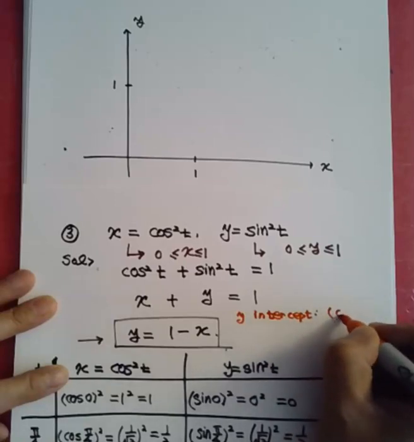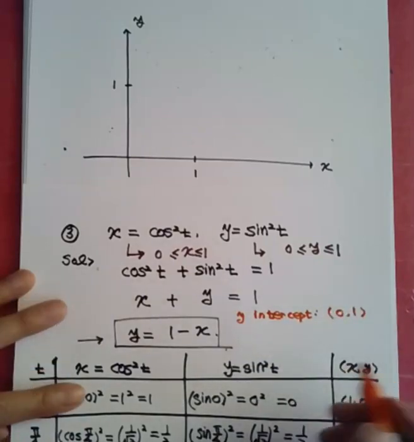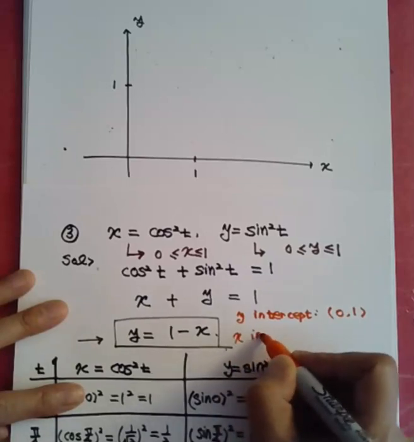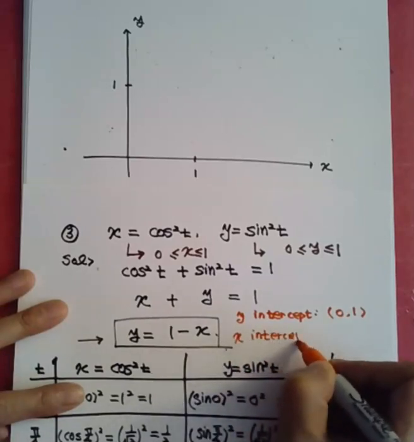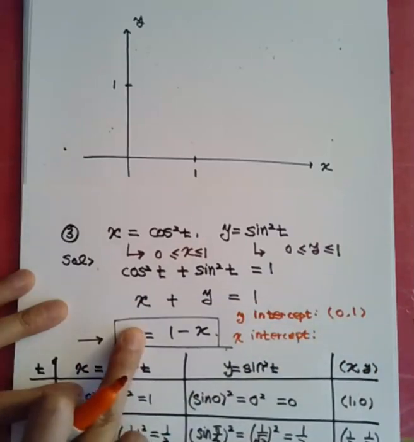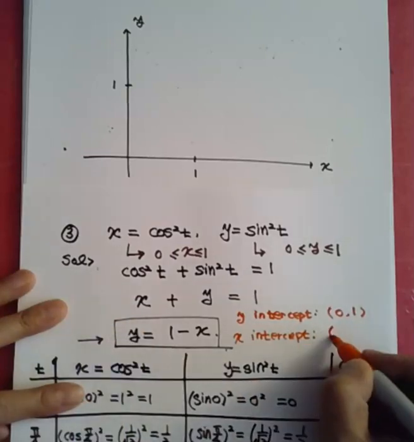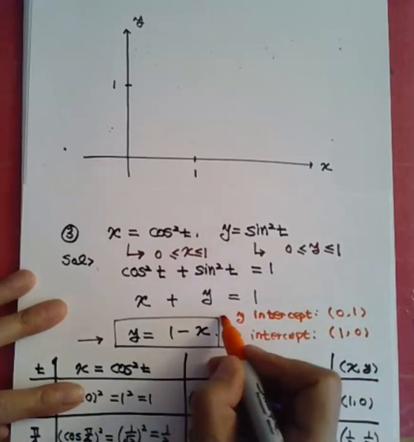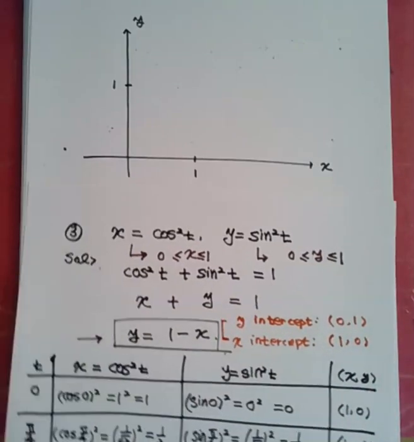is 0, 1. When x equals 0, y equals 1, and the x-intercept happens when y value equals 0. If y value equals 0, then x value equals 1. So 1, 0. Those are the x-intercept and y-intercept.